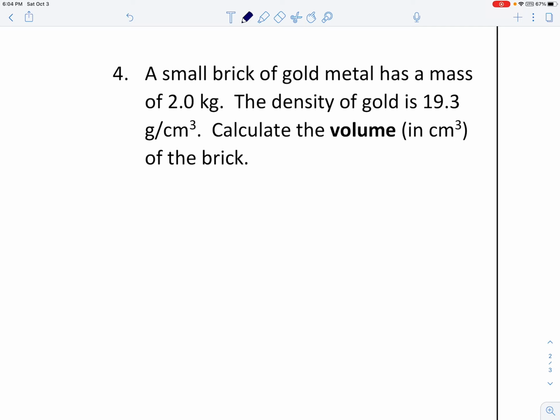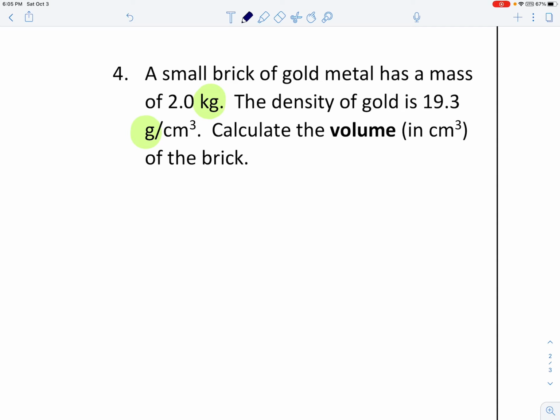So this brick of gold, be nice to have this brick, has a mass of 2.0 kilograms. The density of the gold is 19.3 grams per cubic centimeters. Did you notice right away the density uses grams, but the mass we were given was kilograms, so my head tells me I'm going to have to convert those units. We're looking for the volume in cubic centimeters.